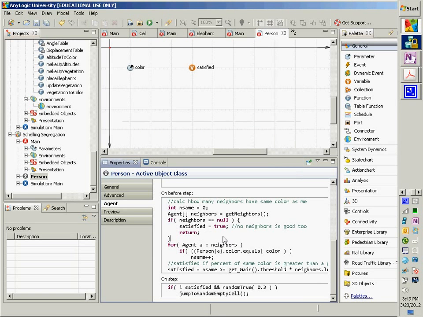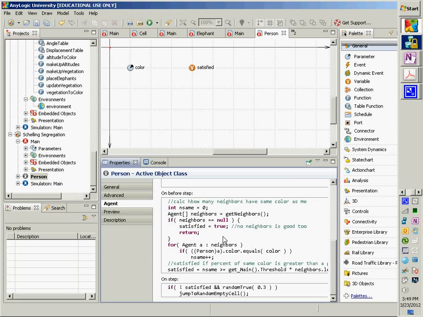And when they find out who their neighbors are, the first thing they do is to check if what? What do you think this is checking? If neighbors equals null. Yeah, are there any neighbors? If there's no neighbors at all, it treats the person as satisfied.